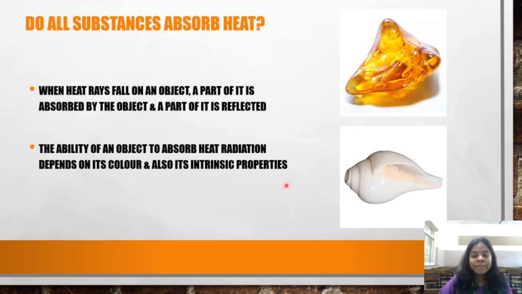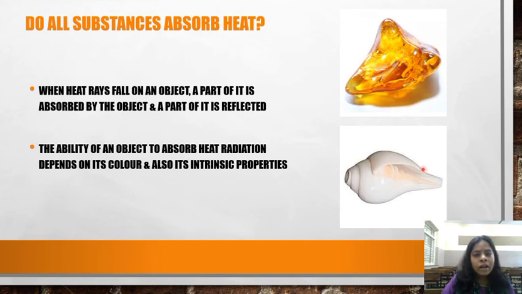Intrinsic properties means internal properties. For example, this is going to absorb more heat rays and also reflect more heat rays. That is why it is shining a lot. But this conch shell is not going to absorb a lot of heat rays and it is not even going to reflect back a lot of heat rays.